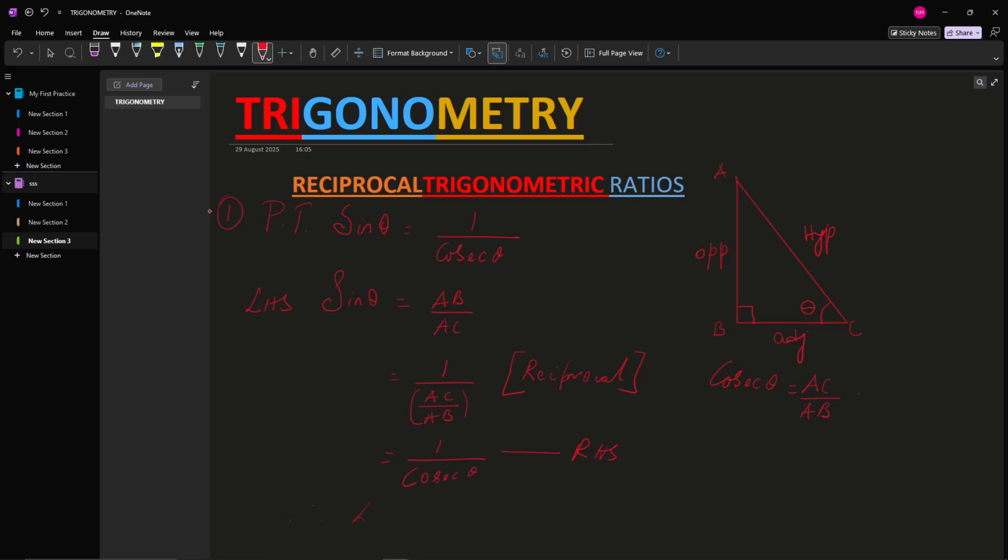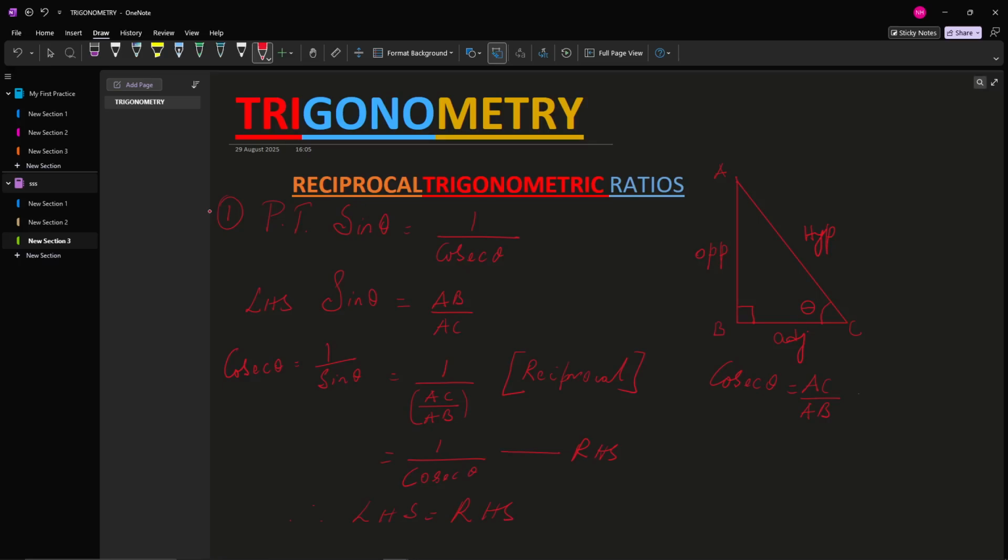Therefore, I can say LHS equal to RHS. So the first reciprocal ratio we learned here is sin theta is equal to 1 by cosec theta, or you can also write it as cosec theta is equal to 1 by sin theta.